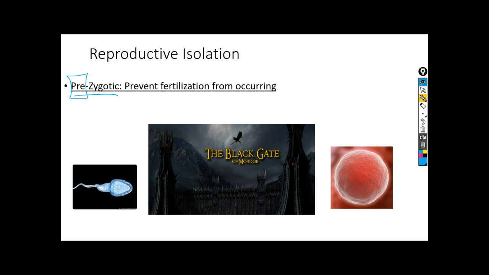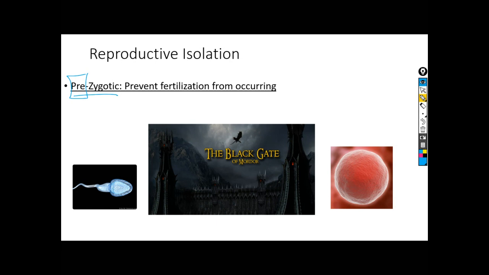The goal of this group is to prevent our sperm and our egg from ever meeting. This does not necessarily mean our males and females from our green and our brown group won't ever mate, but it does mean the sperm and the egg won't ever bond.